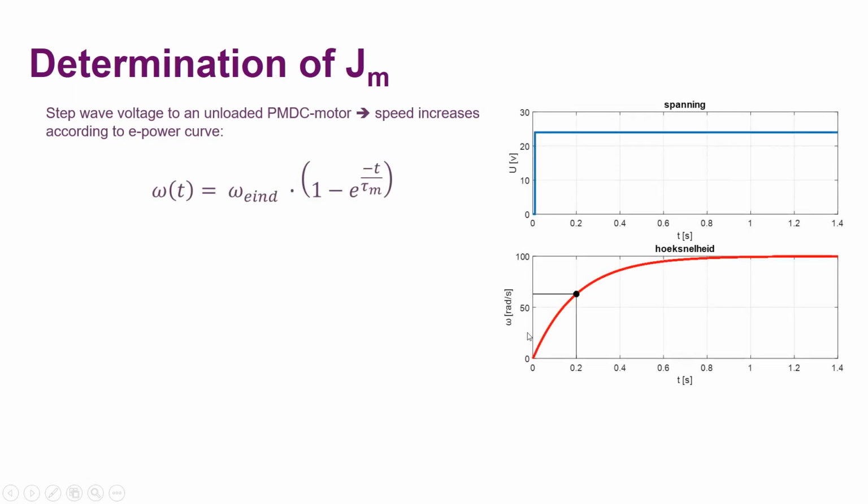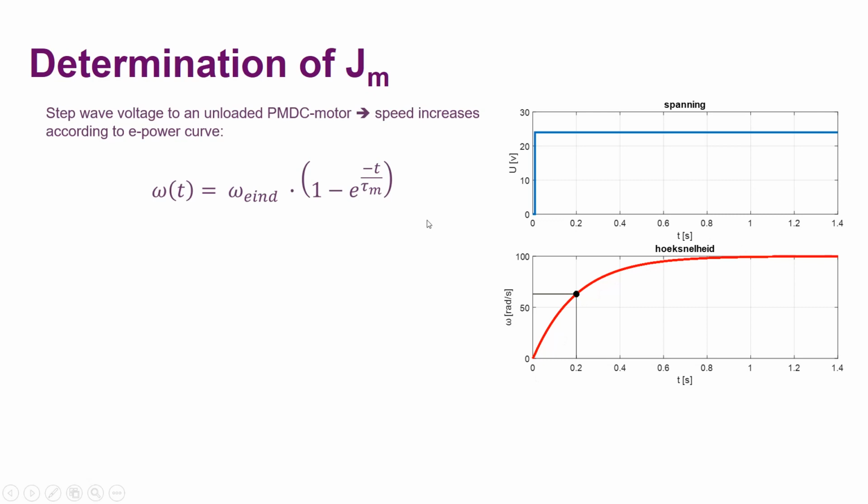Okay, now let's look at the determination of the inertia J. What we're going to do is apply a step wave voltage to an unloaded motor. And then the motor speed increases according to the e-power curve. This picture shows what happens. We apply a motor voltage, in this example 24 volt, to the motor, and the motor speed increases through this curve.